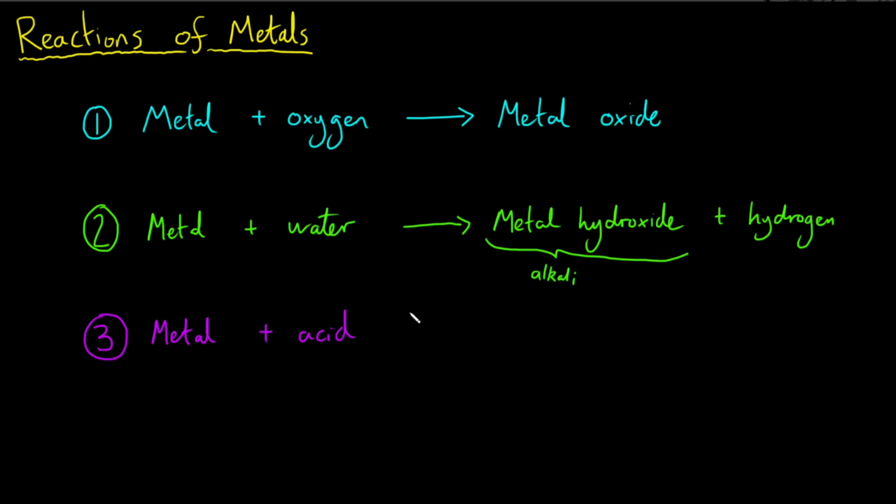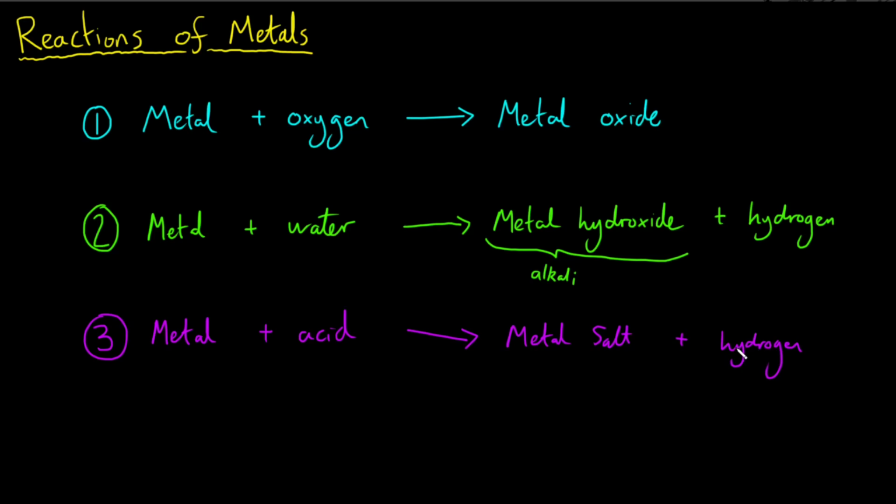And the third reaction that we need to appreciate is if I take a metal, react it with acid, I'll produce a metal salt and again hydrogen gas. So those are our three different reactions of metals that we need to know.